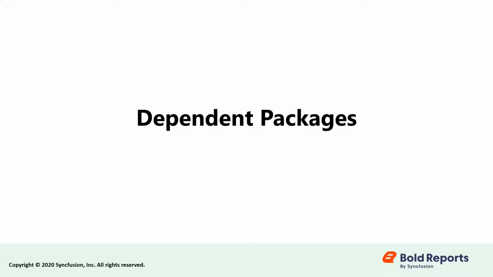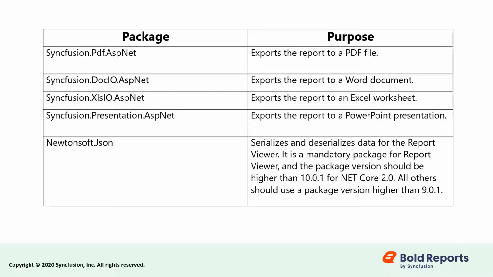The following table provides details about the dependency packages and their usage. The Syncfusion.Pdf.AspNet package is used for exporting RDL or RDLC reports in PDF format. The Syncfusion.DocIO.AspNet package is used for exporting RDL or RDLC reports in Word format.